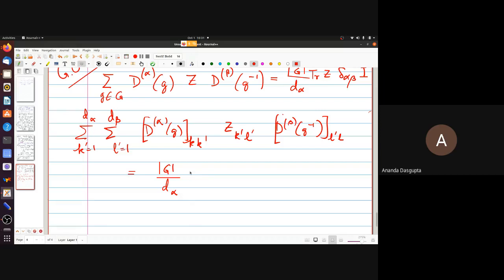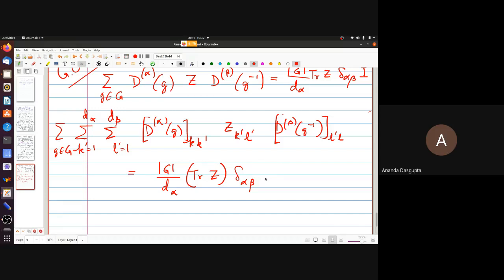D alpha. So there should be an additional summation over G. That is critical. That of course was always there, but I forgot to put that in right this time. Trace of Z, delta alpha beta, and what happens with the identity on this side? This is an element, right?